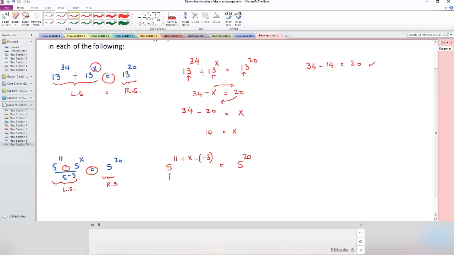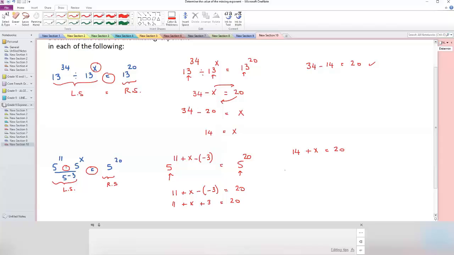Since I'm using the same base, I can say that the exponent here equal to the exponent on the other side. Now you know from the integers that negative times negative equal positive. That means 11 plus x plus 3 equal 20. Now, if I want to isolate x, I can do that. 11 plus 3 equal 14, plus x equal 20.